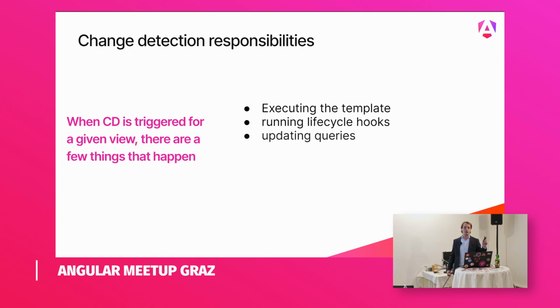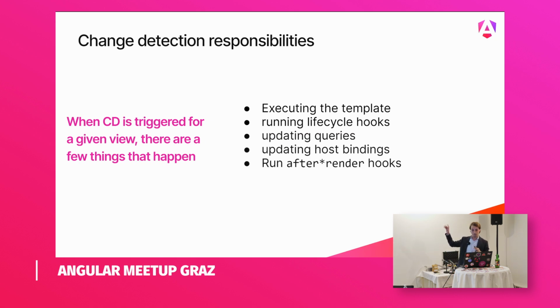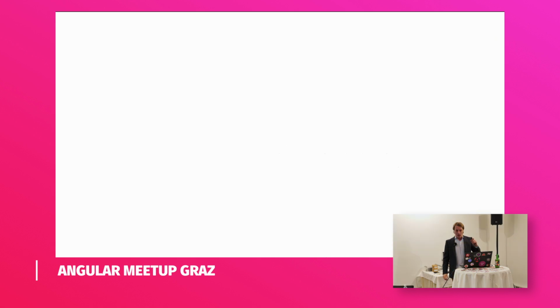The queries are contentChild, contentChildren, viewChild, viewChildren. And the last one also updates the host bindings. That's the one that allows us to, let's say, update the classes or something like that. These are the four. And since v17, we have new hooks, afterRender and afterNextRender. So that's the fifth responsibility, let's say, of the change detection.